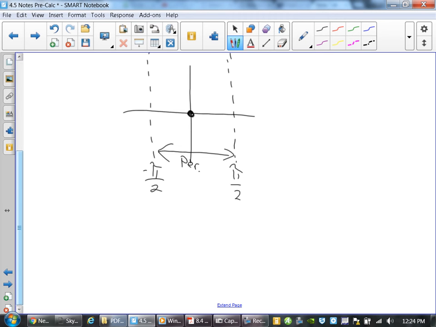So now what happens is you've got those breakpoints, and that's where the pi over 4 comes into play. Because halfway between 0 and pi over 2 is pi over 4 and negative pi over 4 on the other side. And that's where that a value occurs, where tangent becomes 1. Okay? It becomes 1 at positive pi over 4, and becomes negative 1 at negative pi over 4.